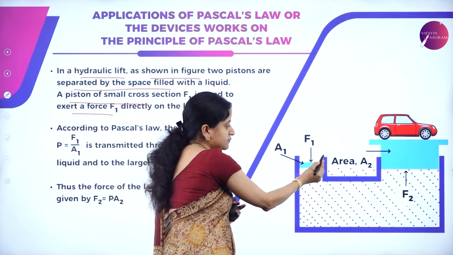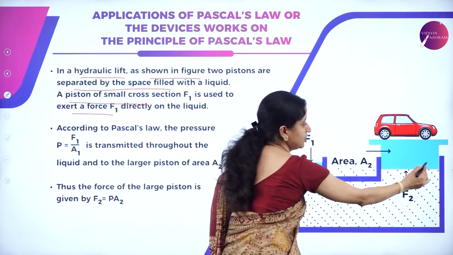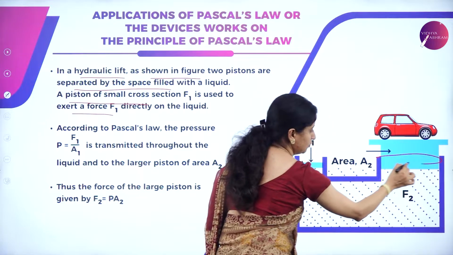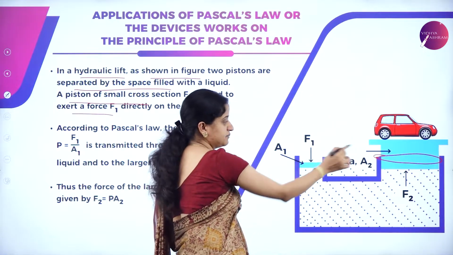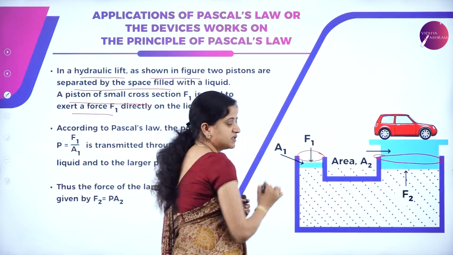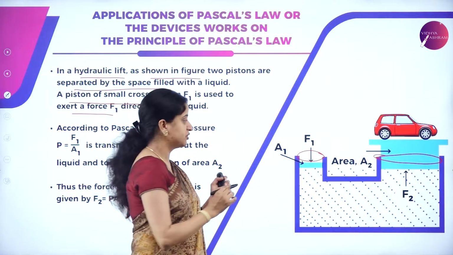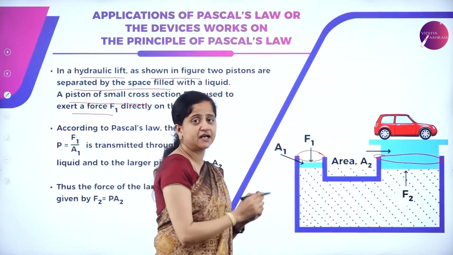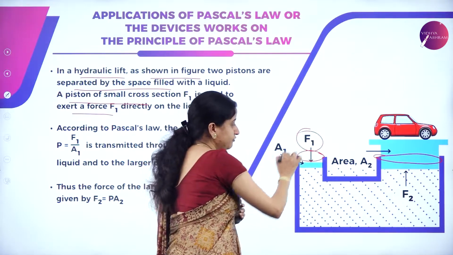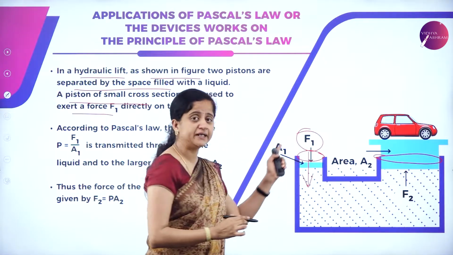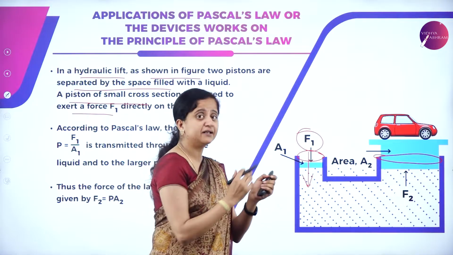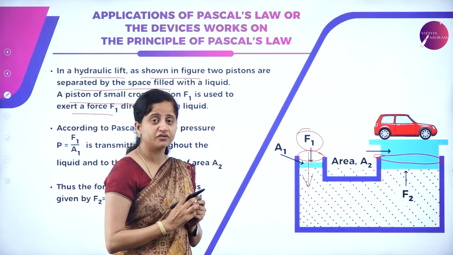Here we can observe the 2 pistons have different cross sections: a larger cross sectional area here and a smaller cross sectional area here. The piston of smaller cross sectional area applies a force F1 directly on the fluid. In return, according to Pascal's law, what will the fluid do?